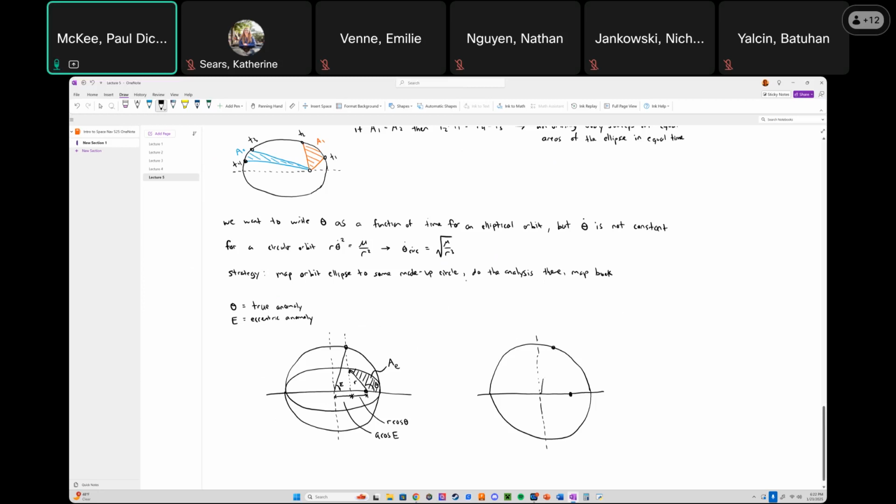Here is the same angle E. But now we're going to stretch up this vector. So it goes this way. Hopefully this makes sense. All we've done is take this ellipse and stretch it up to meet the circle. What we end up with is some AC, some circular area. It's the same shaded region. I hope that's clear. We've just stretched it.